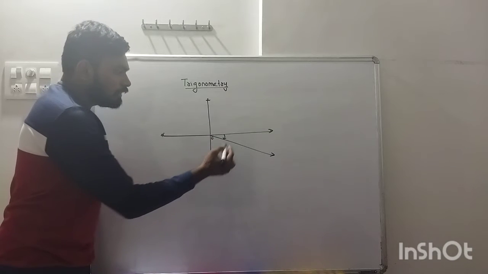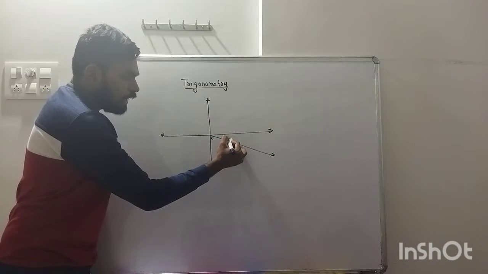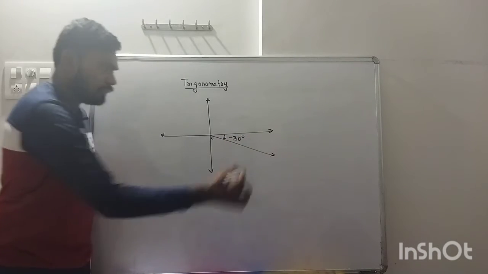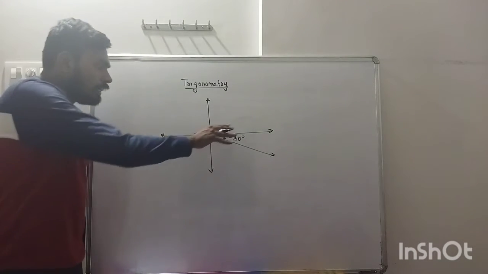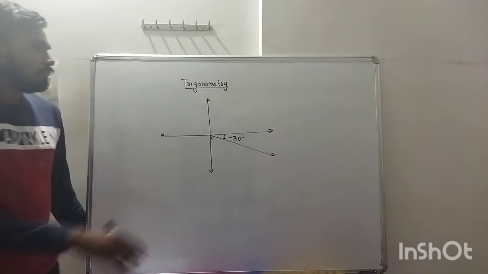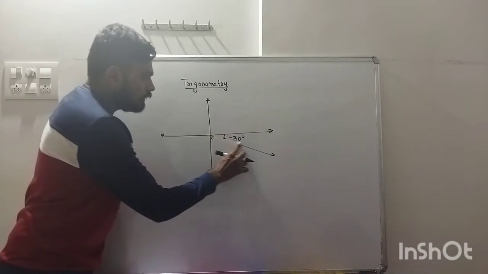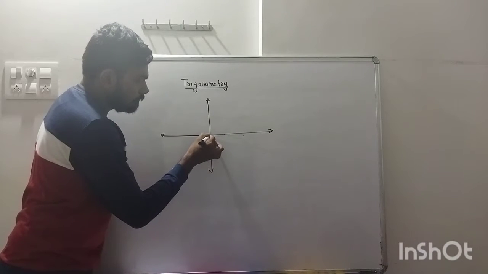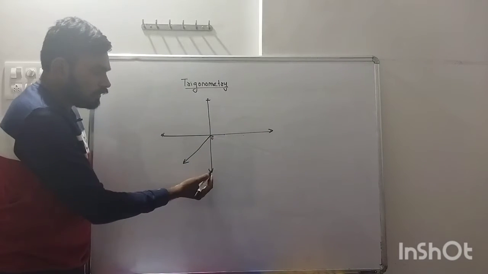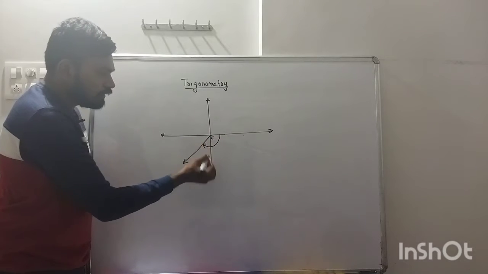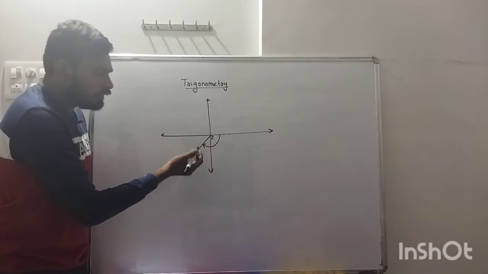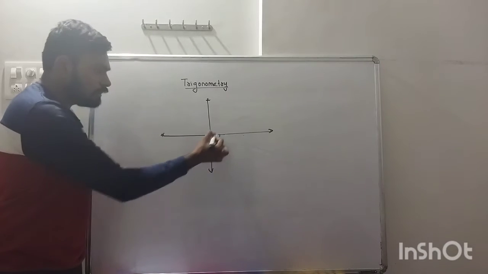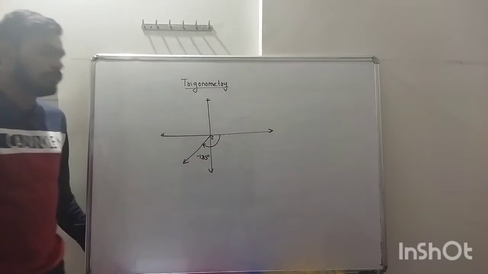So this is, for example, a 30 degree angle, but I won't write it as 30 degrees. I'll write it as minus 30 degrees because I rotated it clockwise. Same way, this angle from here to here is minus some angle, for example minus 135 degrees, since I have rotated it this way.